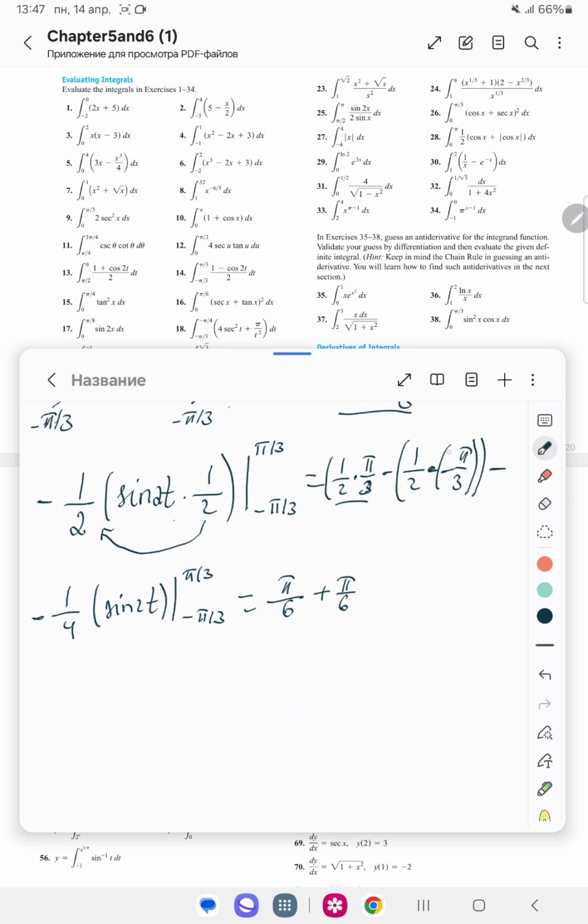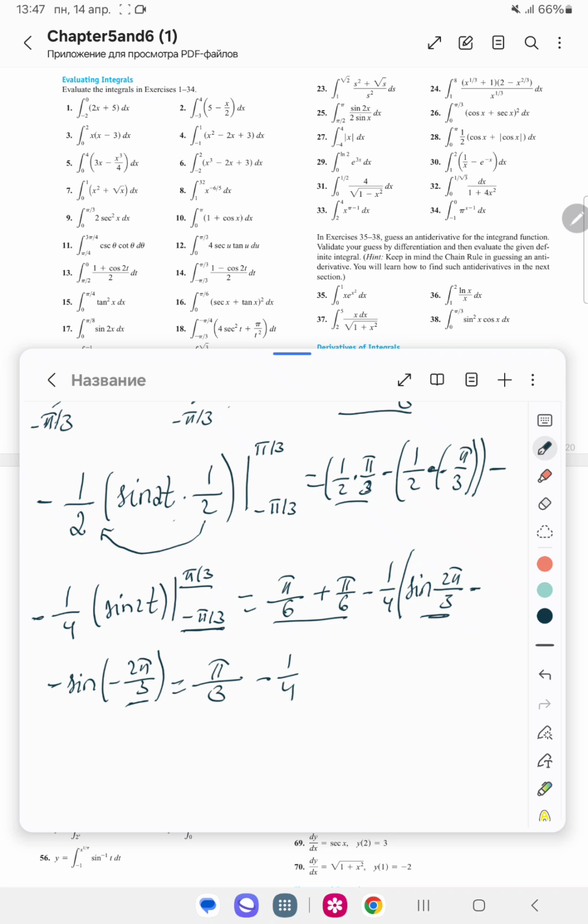Here we have minus 1 over 4 times sine 2 pi over 3 minus sine minus 2 pi over 3. I put this here, equals. We have here pi over 3.